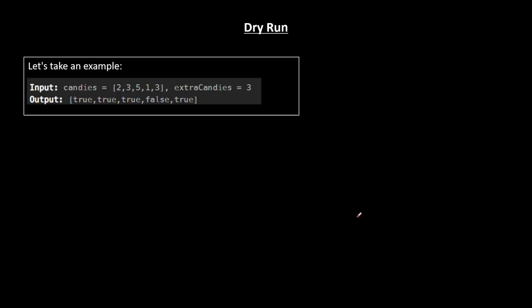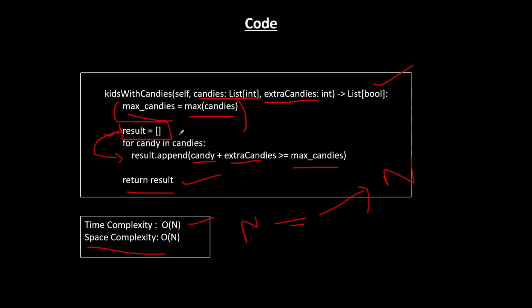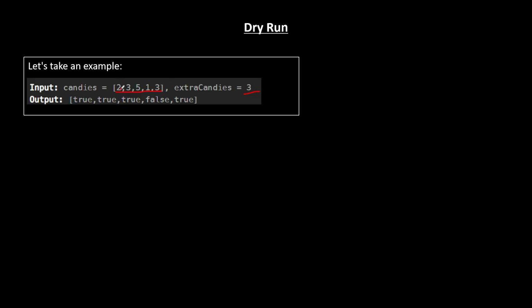So now let's go for the dry run of the problem. We have the candies array 2, 3, 5, 1, 3, and extra candies is 3. What is our code doing? We're trying to find the maximum candies. So 2, 3, 5, 1, and 3, with indices 0, 1, 2, 3, 4.